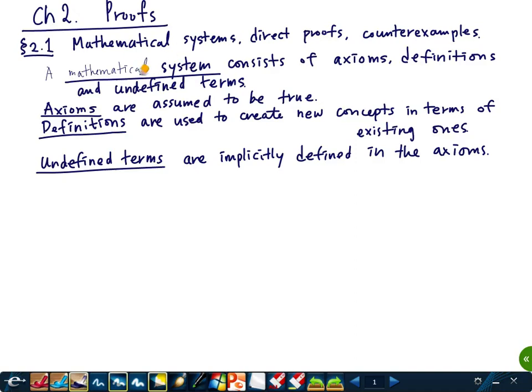Okay, so in a mathematical system, we will derive many statements which are true, and they are called theorems. So a theorem is a proposition that has been proved.